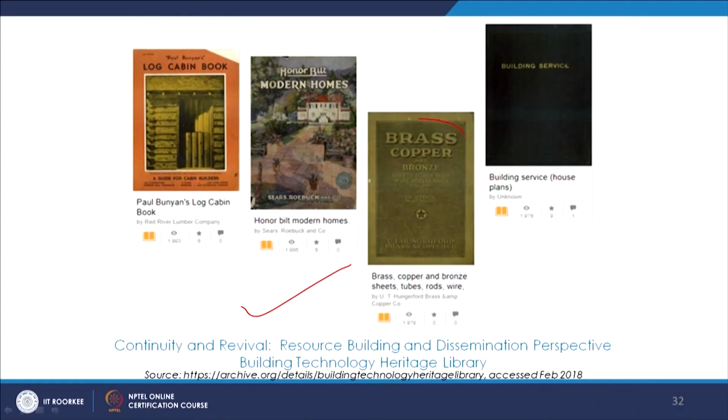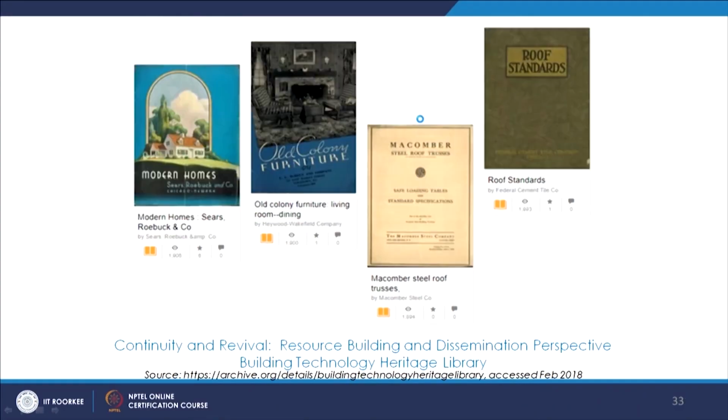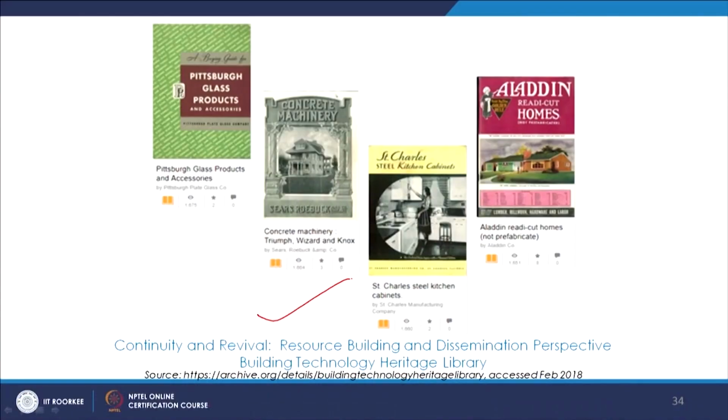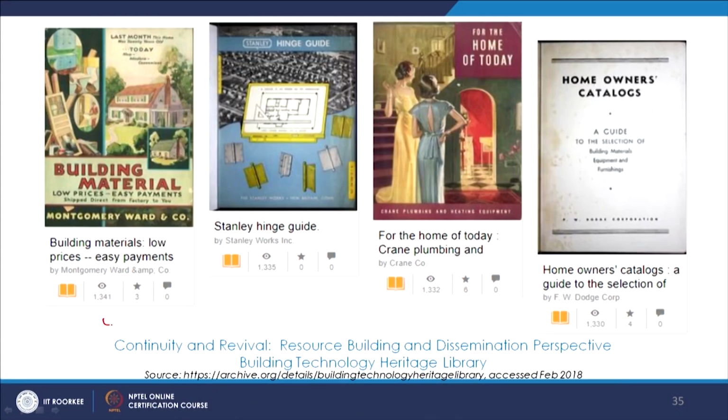Some more details, again the material culture, more details, modern homes, furniture, some standards for the roof. So all these details are there. Some more we see over here. Again some interesting ones, building materials, low prices, easy payments. We see some more details about plumbing.